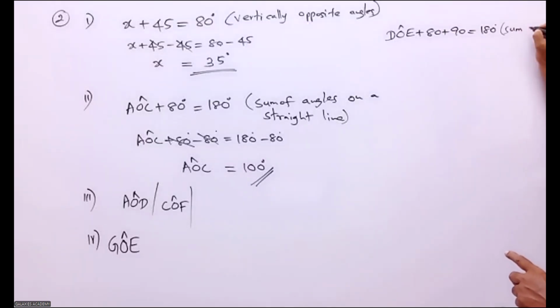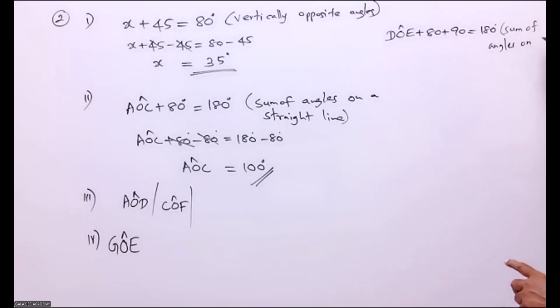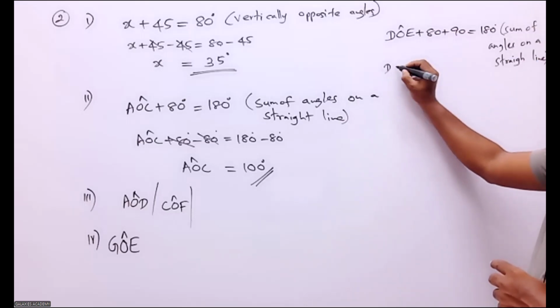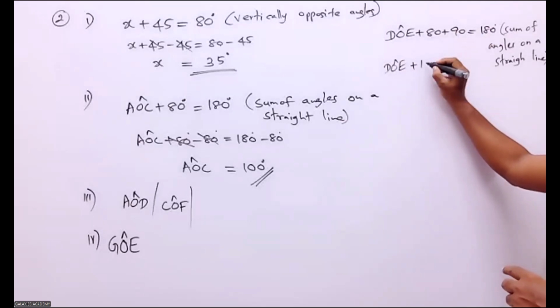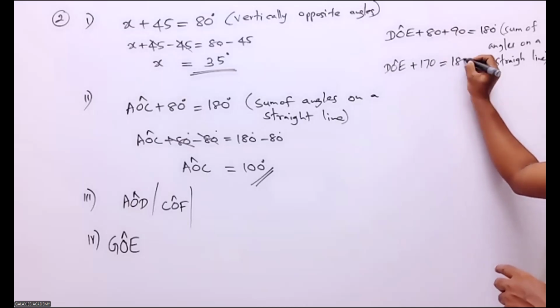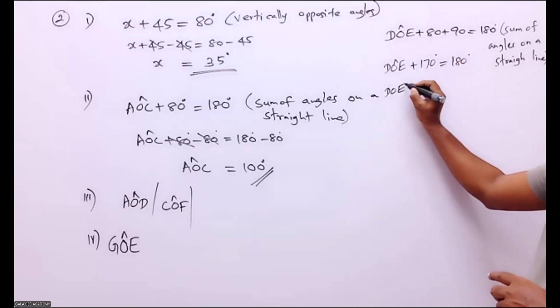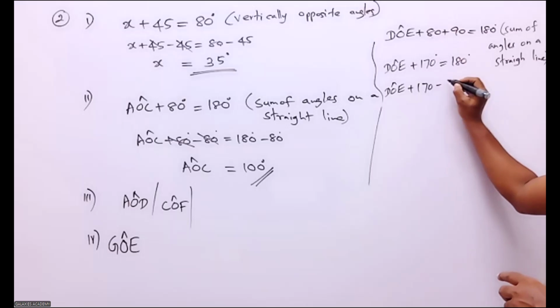The reason is sum of angles on a straight line. Then you can simplify this one. DOE plus 80 plus 90, 170, equals 180. Then on both sides you can put minus 170.